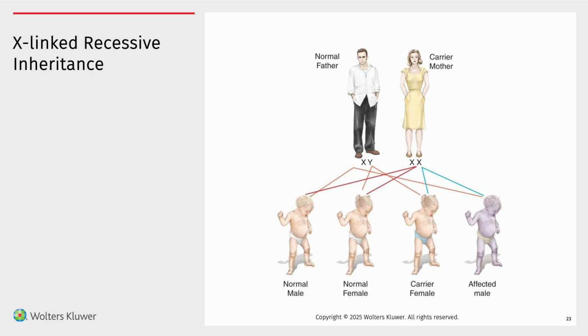So listen to this. Sons have a 50% chance of being affected if they inherit the mutated X. Sons cannot be carriers; if they inherit the mutated X, they will express the disorder. Females, XX, can be normal, with both X chromosomes normal, or carriers, with only one normal and one mutated, usually asymptomatic because the other X is normal.